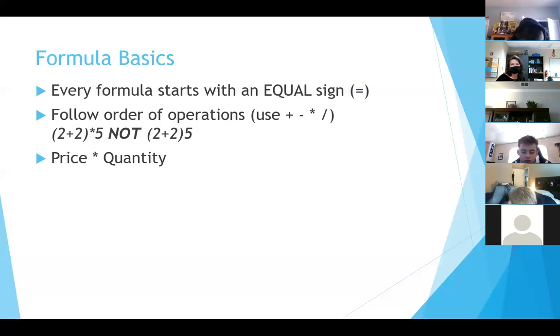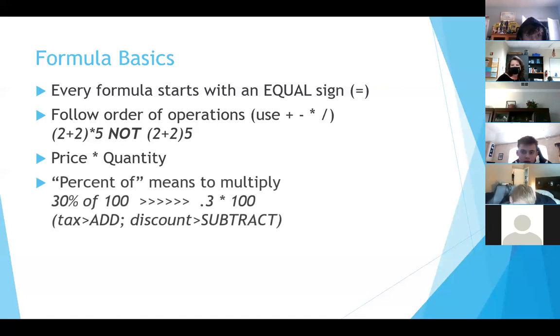And a lot of the calculations that we do are related to price times quantity, right? If you have 10 t-shirts and they're $5 a piece, then that's $50 in sales, right? Things like that. So you'll hear me say price times quantity a lot.